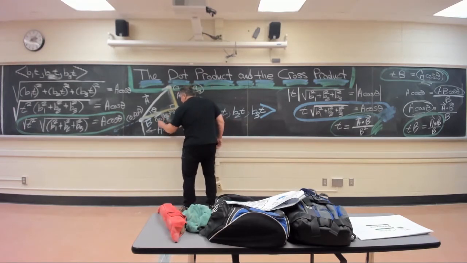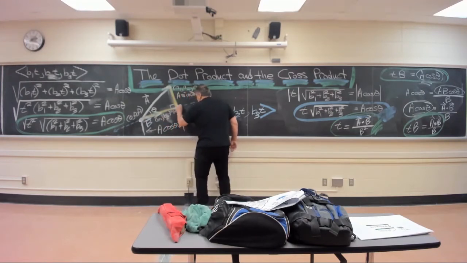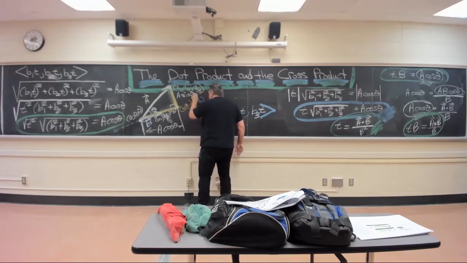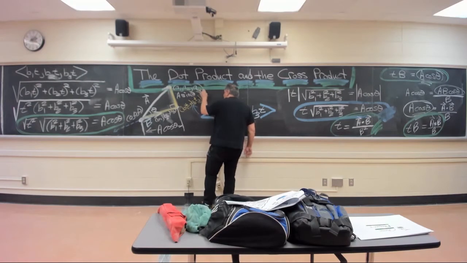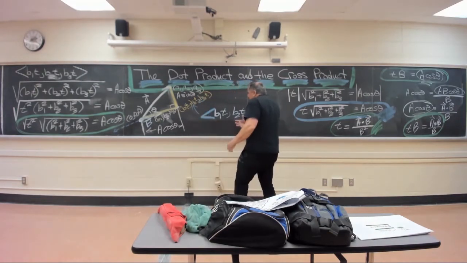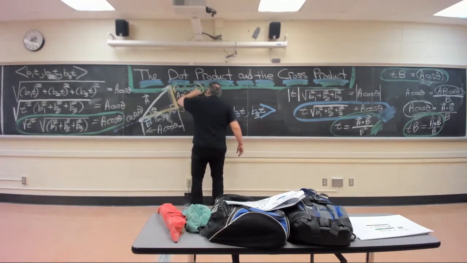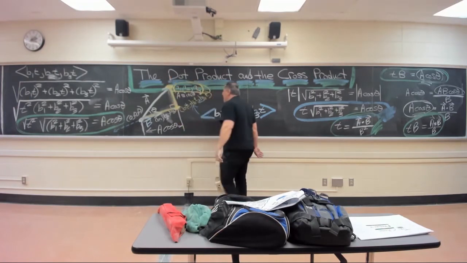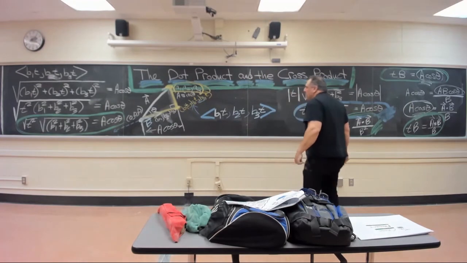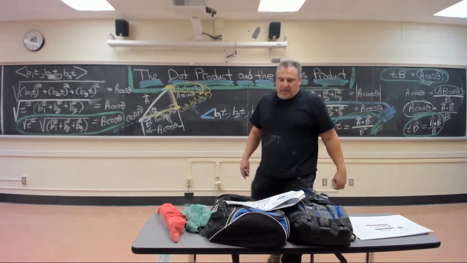When this guy is expanded to get out to B1T, B2T, B3T, as far as here, and this is the other guy. So that distance right there is a perpendicular distance. You will have a perpendicular distance when that happens.